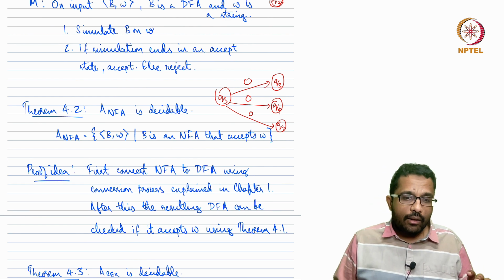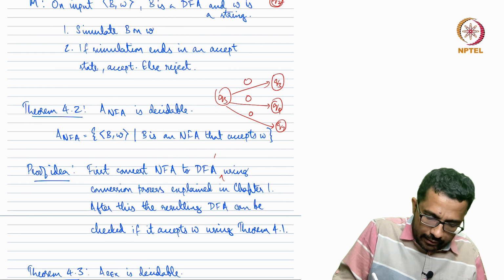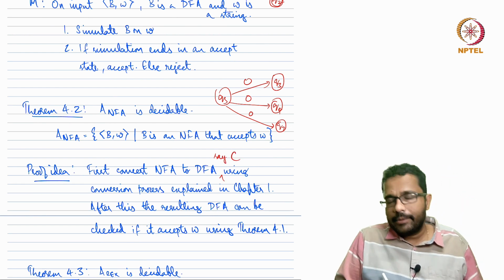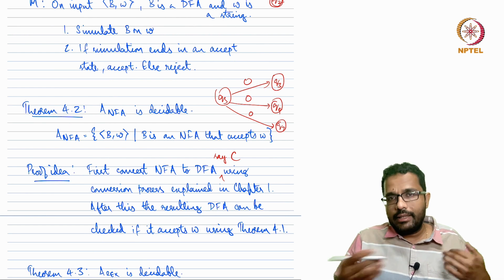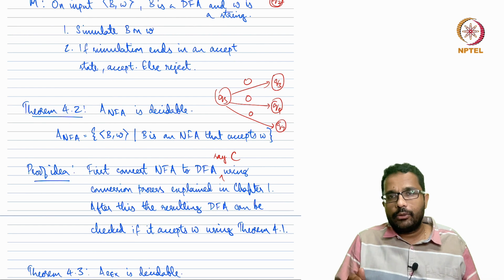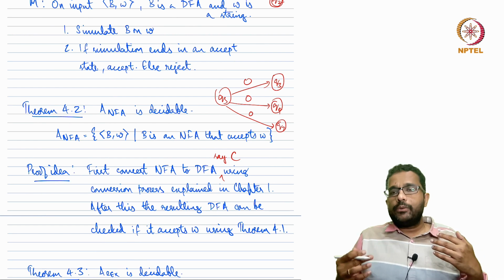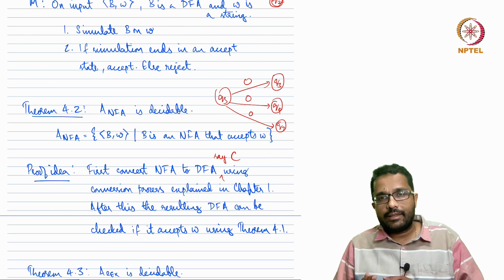So now C is the converted DFA, right? C is equivalent to B. So now we are asking whether the DFA C accepts W. So meaning we have converted the problem of NFA acceptance to a DFA acceptance, right?